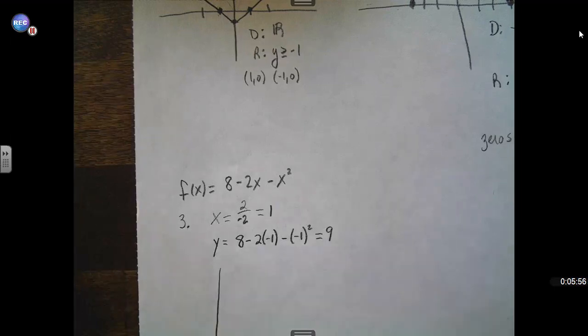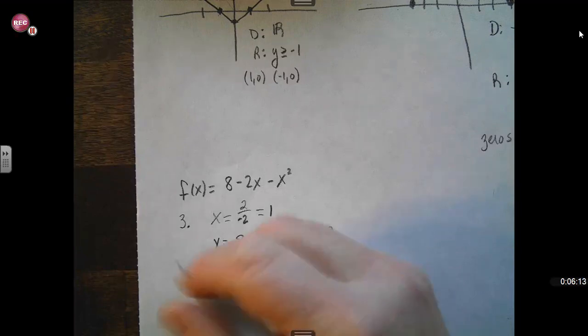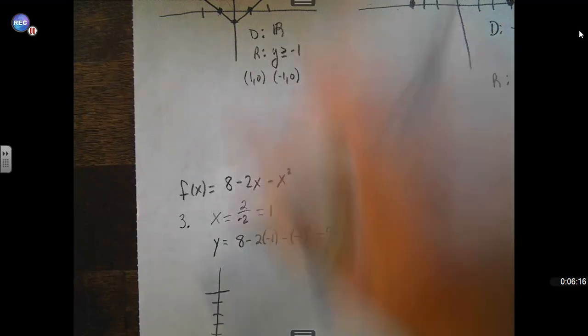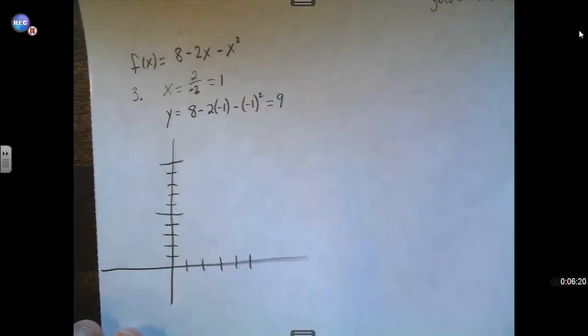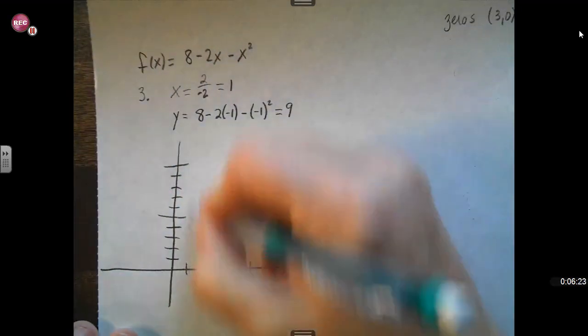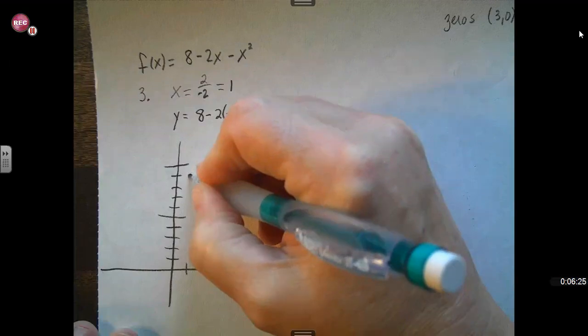And this thing opens down. So I'm actually going to do this like this. 1, 2, 3, 4, 5. 1, 2, 3, 4, 5, 6, 7, 8, 9, 10. Okay. So as I said, my vertex is at (1, 9). So that is way up yonder.